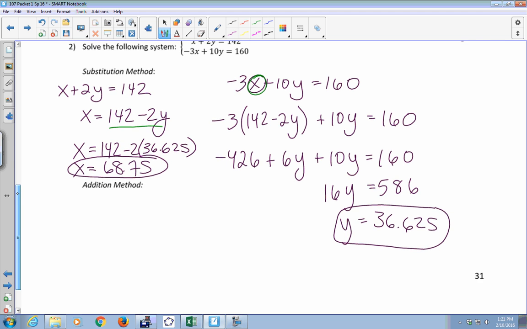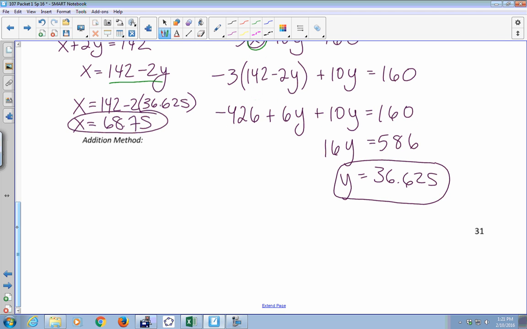So I'm going to write down both equations here. x plus 2y equals 142. And negative 3x plus 10y equals 160. And I have to pick a variable to get rid of, right? Which variable would you like to get rid of? x?